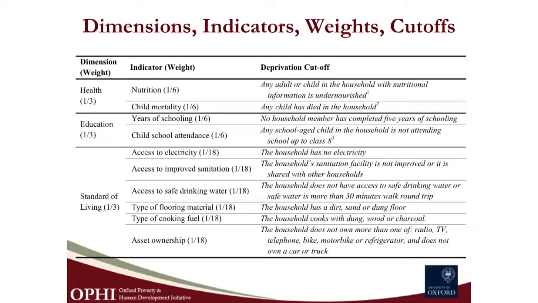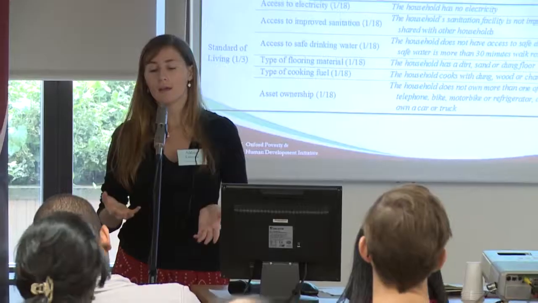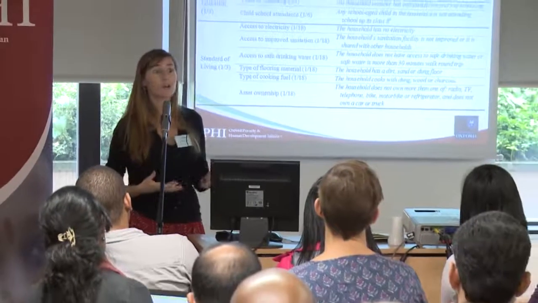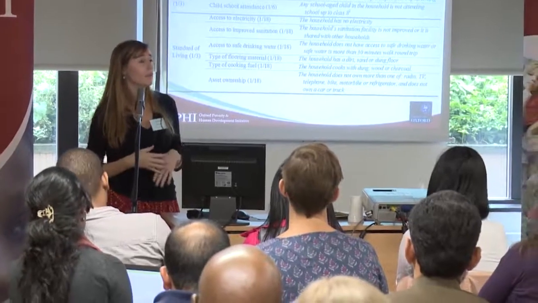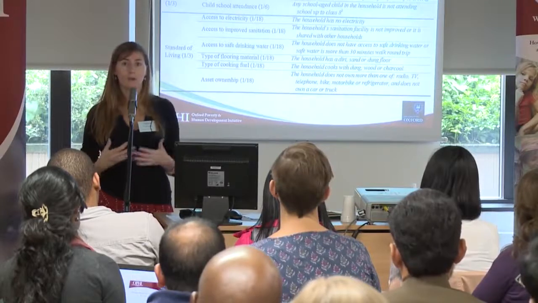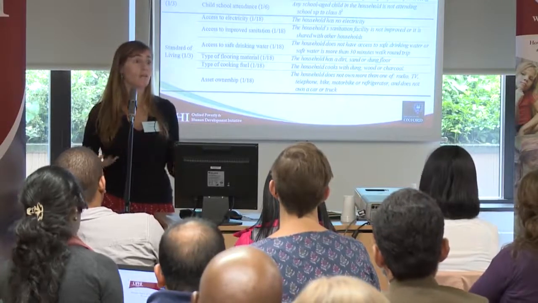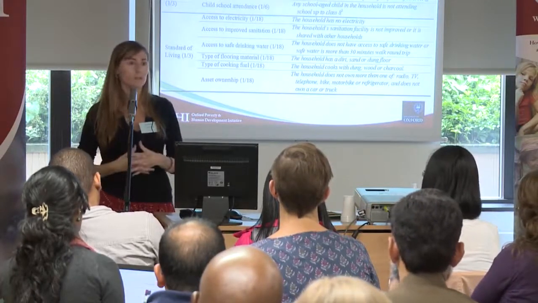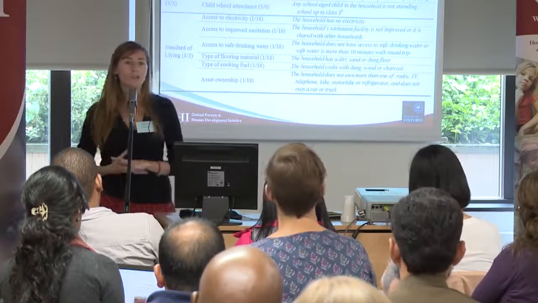In the case of health, for example, the first indicator that we are including is nutrition. An individual is considered to be deprived in nutrition if any of the members of the household for which there is available information on nutrition, for which there are anthropometric measures available in the data set, is undernourished.